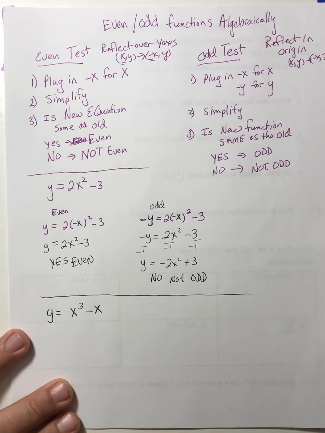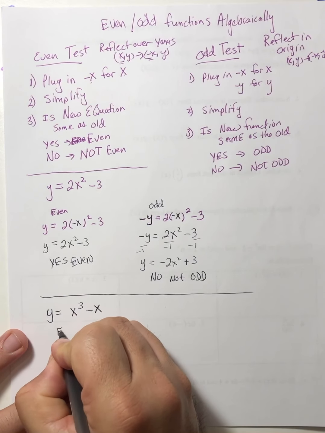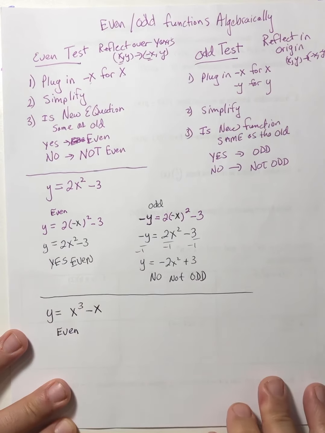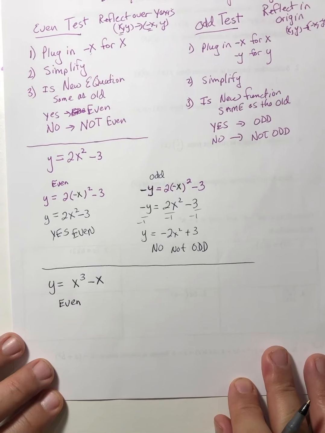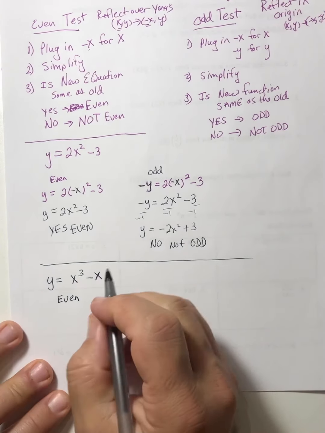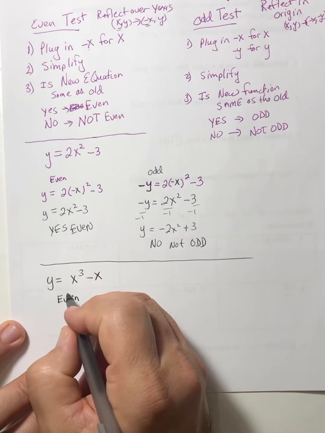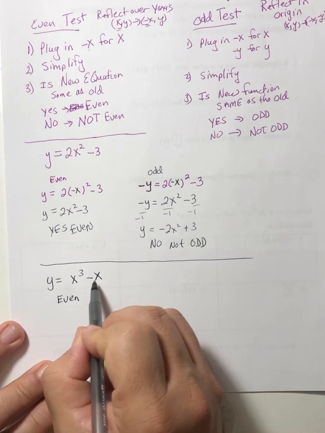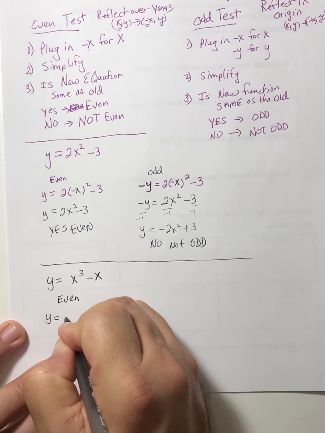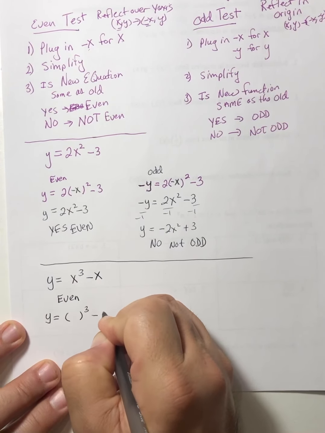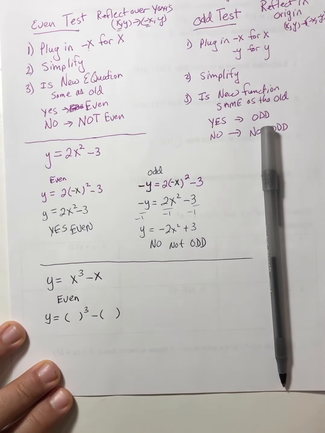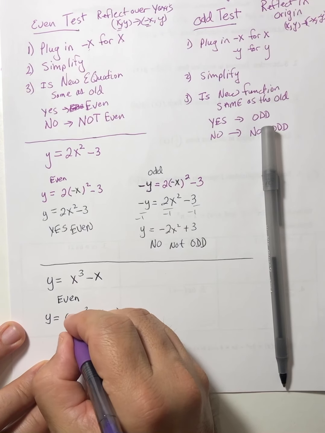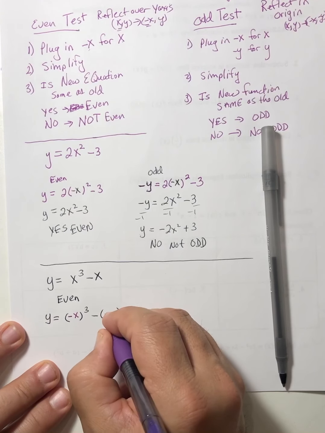Okay, so let's do our even test. So remember, we're going to swap out all the x's with negative x's. So y equals parentheses cubed minus parentheses. So for the even test, we put negative x's in.